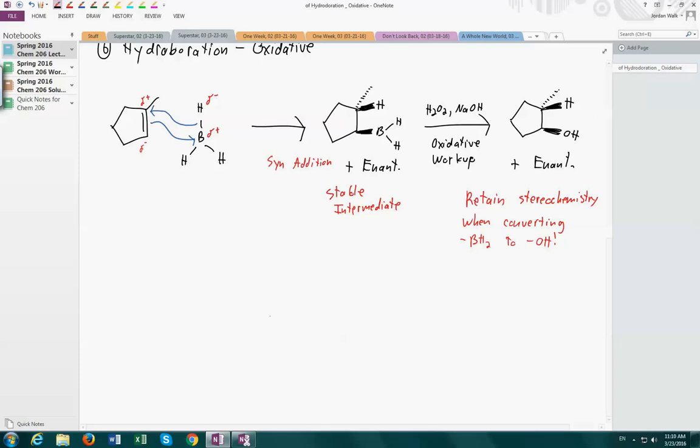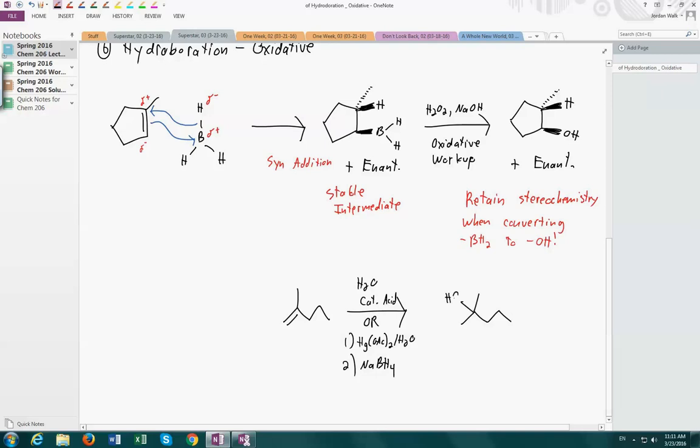So, for example, if we had a starting material that looks like this, we know that we could treat it with H2O and catalytic acid, or we could treat it with mercury acetate, followed by a reductive workup of sodium borohydride. And so in each case, what we'd end up with is a product that looks like this. So we would have that product, right?